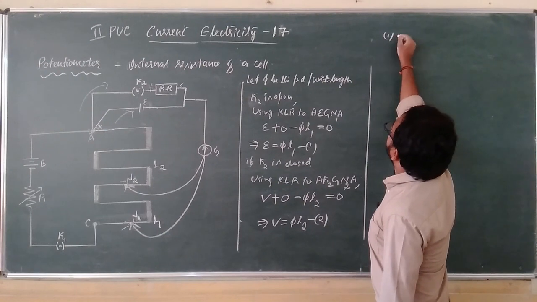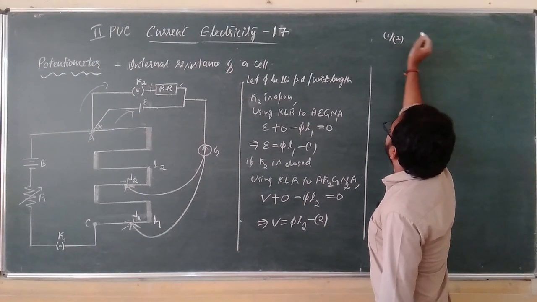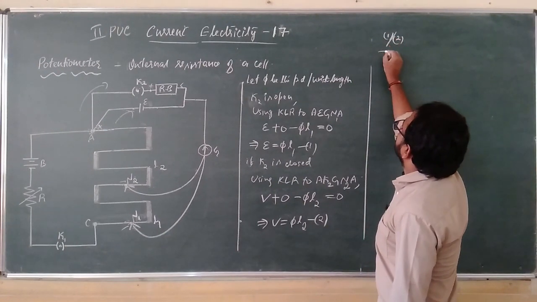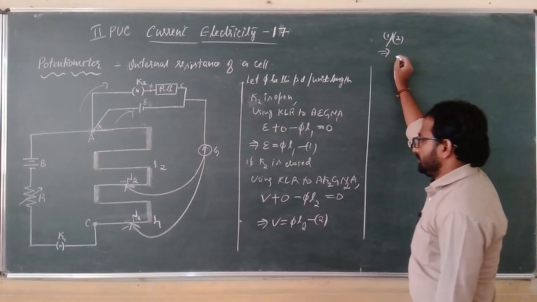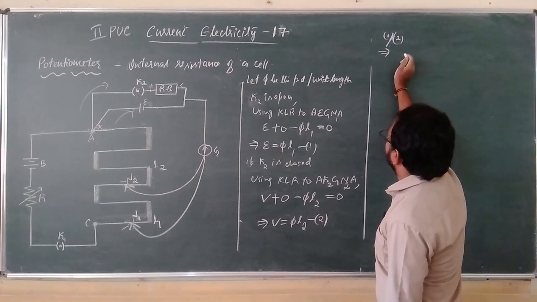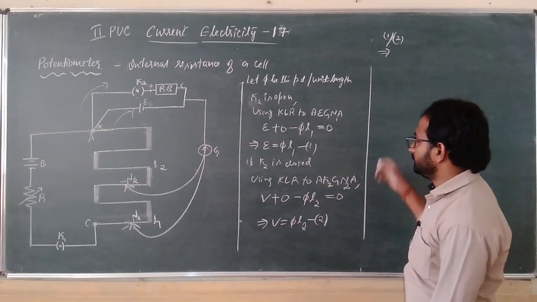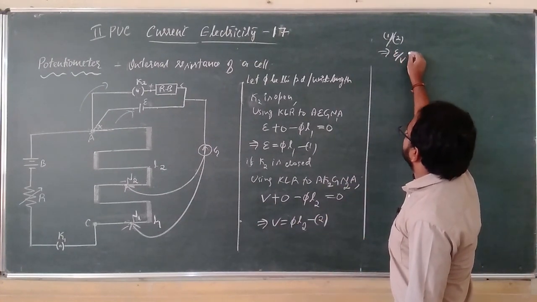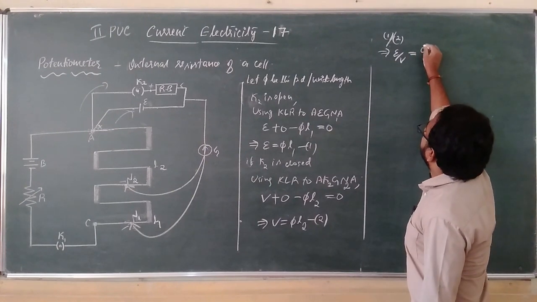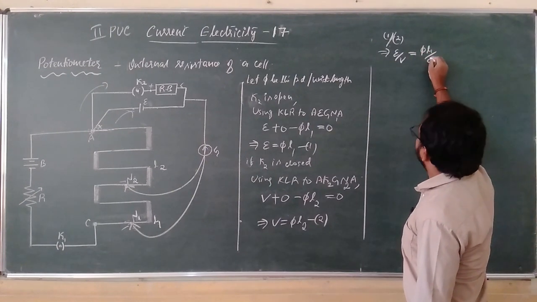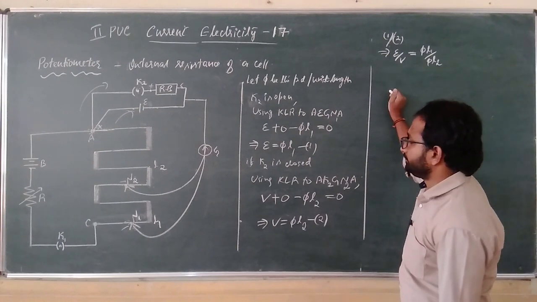So therefore E by V is equal to phi into L1 by phi into L2.